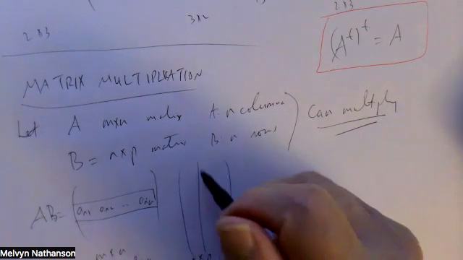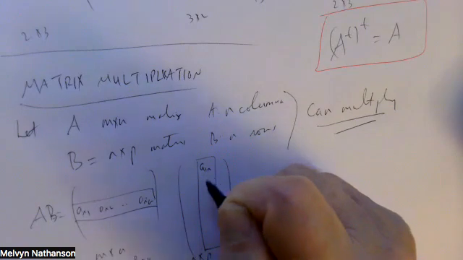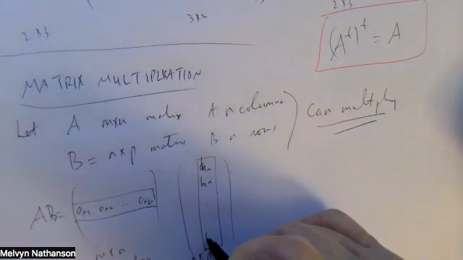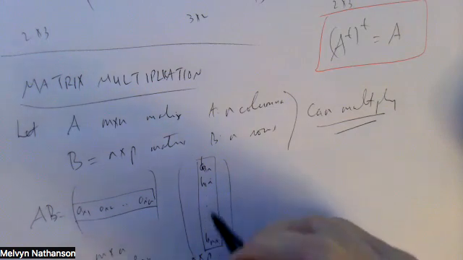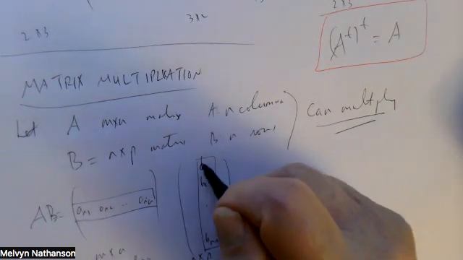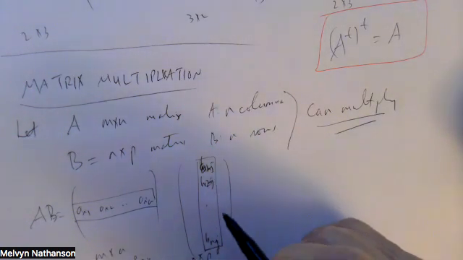Here is the jth column, B1J, B2J, down to BNJ.